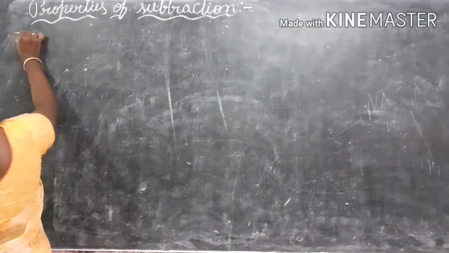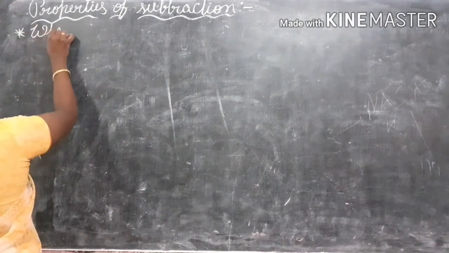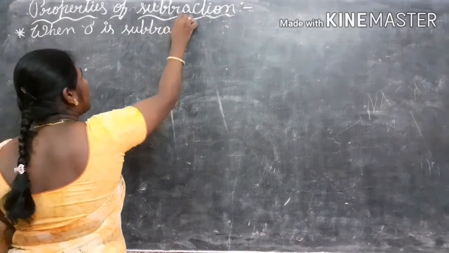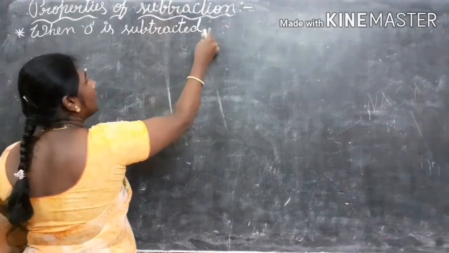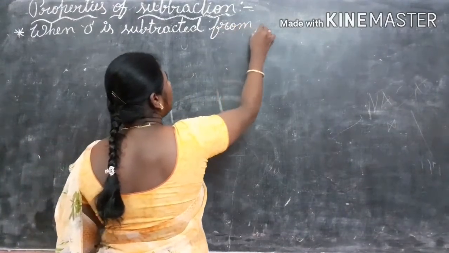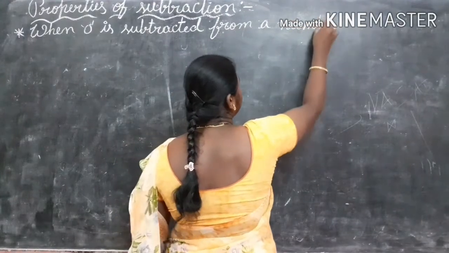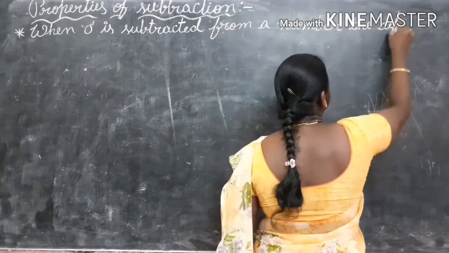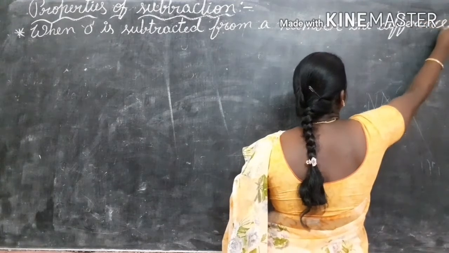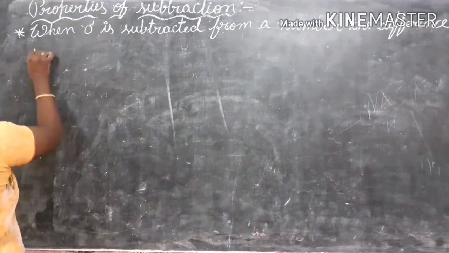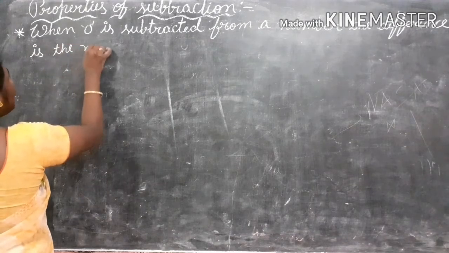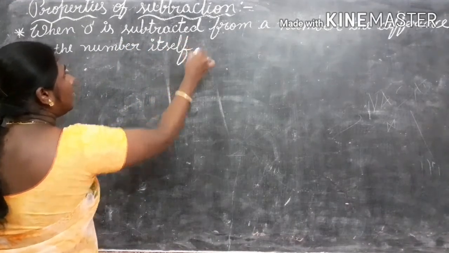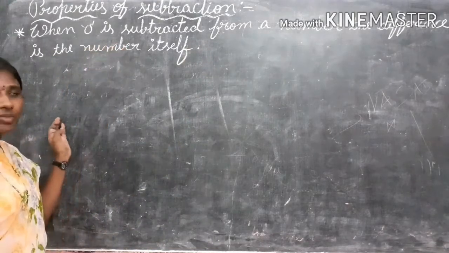The difference is the number itself. Suppose we have to subtract 0 from any number.